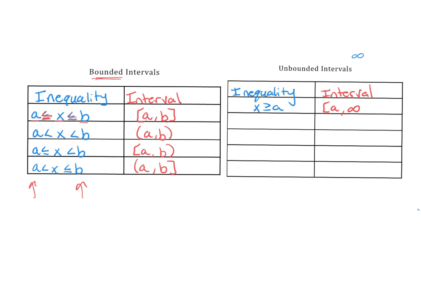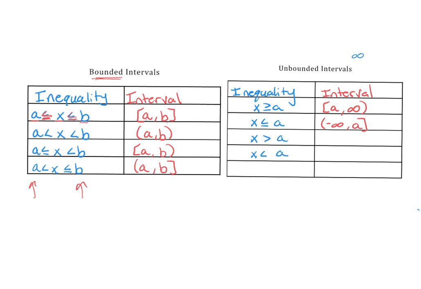And then you can't actually include infinity because it's not a numerical value. So we have parentheses. So let's think about what x is less than or equal to a means. It is all numbers smaller than a. So that would be from negative infinity up to a and including a.